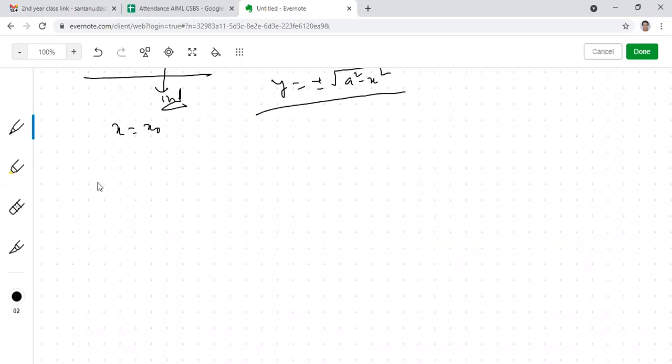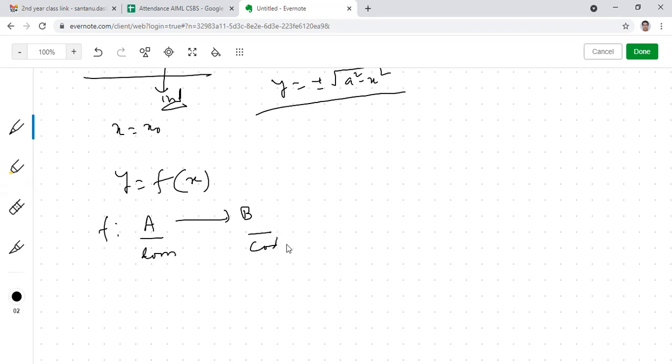Actually, you are partially right, but the actual answer is, let's say we are considering a function y equals f(x). While we are defining a function, there must be a domain and a codomain, otherwise we can't define a function. Let's say A is the domain and B is our codomain. The function must possess a functional value corresponding to each and every point of the domain. Say this domain has a finite number of points, say 10 points.